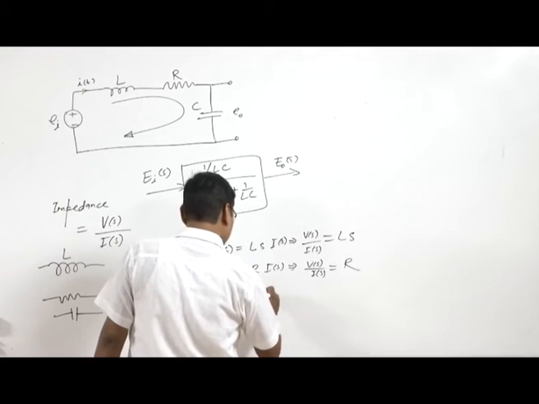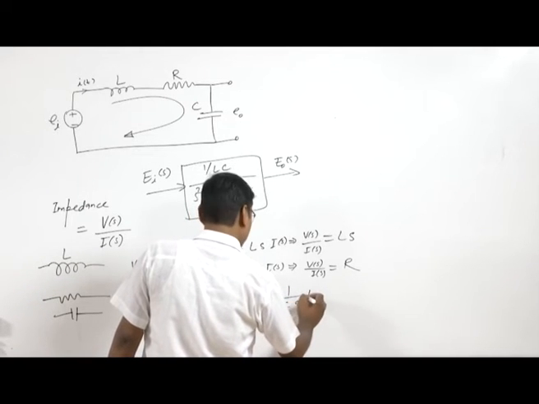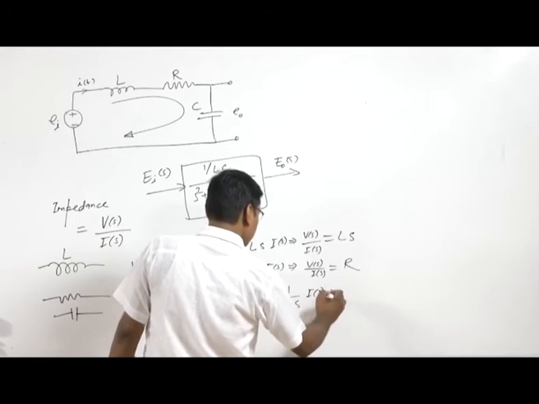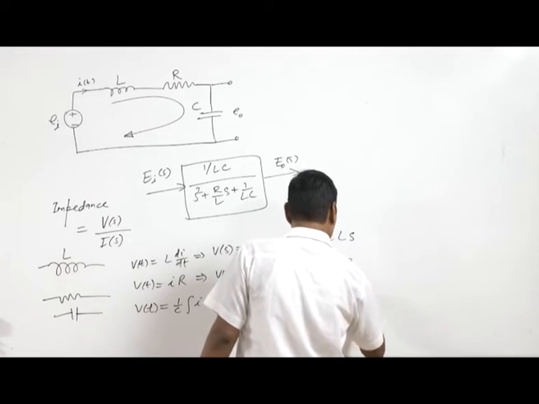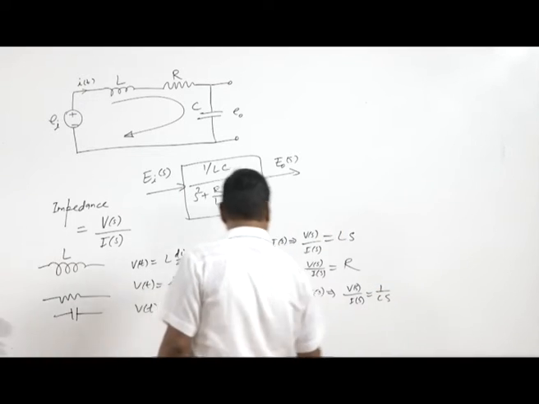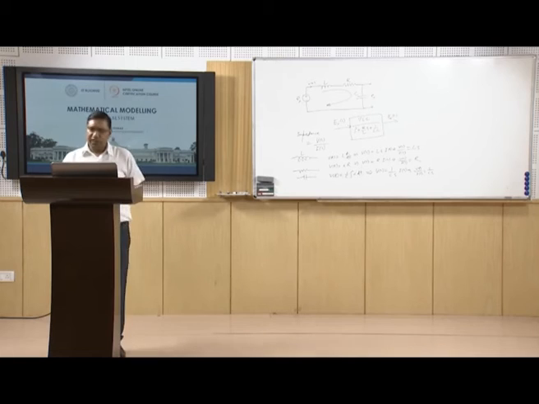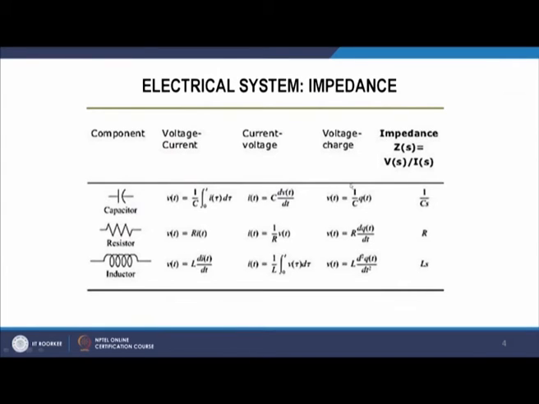So Vs equal to 1 by Cs Is. So this implies that Vs by Is equal to 1 upon Cs. So in this slide we can see we have represented the impedance.